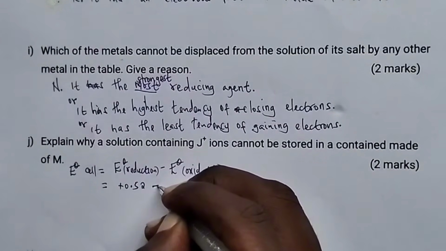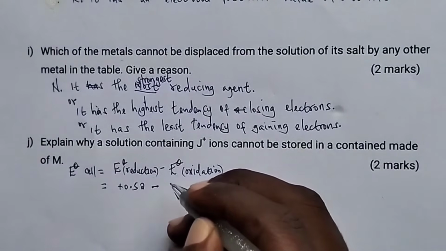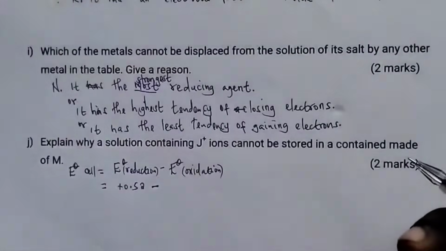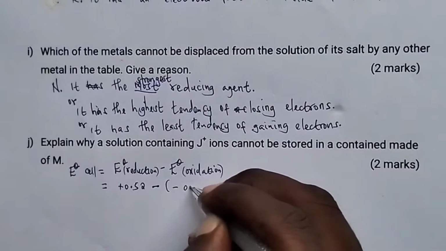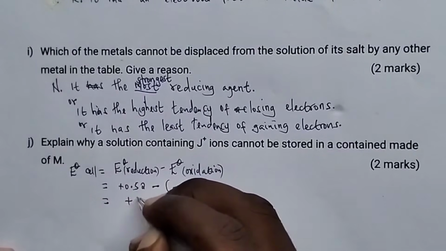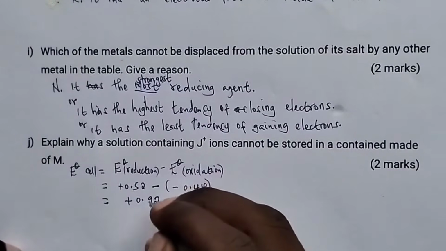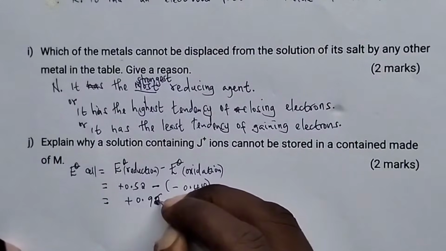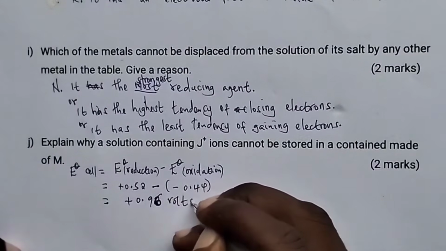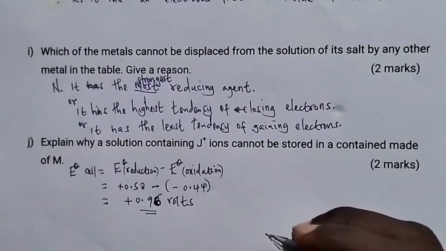So we say minus. Then E oxidation will be the one that's having M, and M there has a standard potential value of negative 0.44 volts. So we say negative 0.44 volts. When we add this, we are going to get positive 0.96 volts. So what does this tell us?